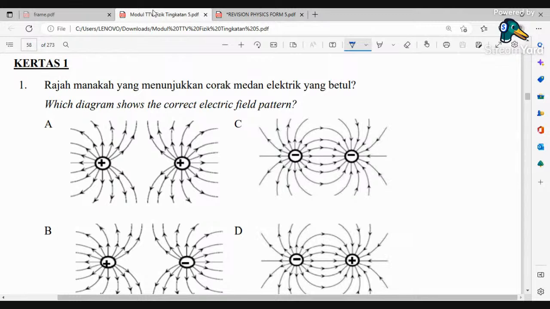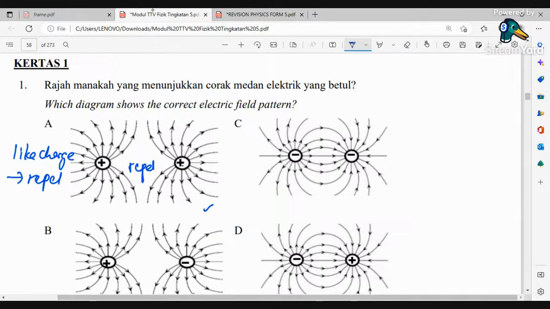This one positive, direction correct already, out. This one also out. Positive, positive, same or like charge, charge yang sama. That's why the lines cannot join together. Ada repel force di tengah. So A is correct.